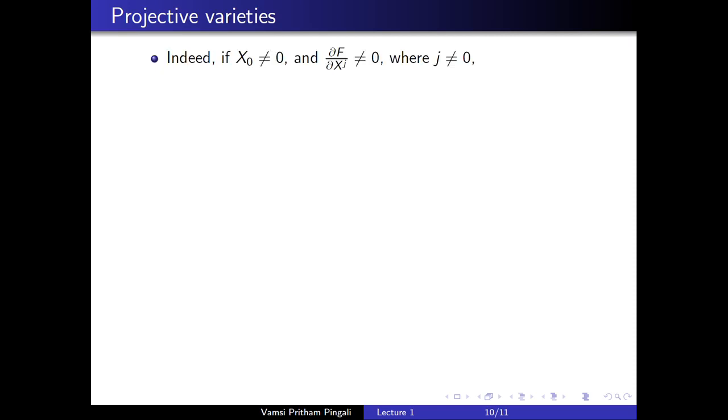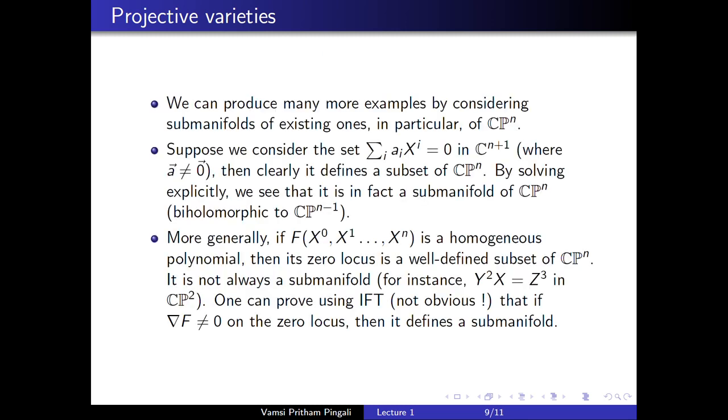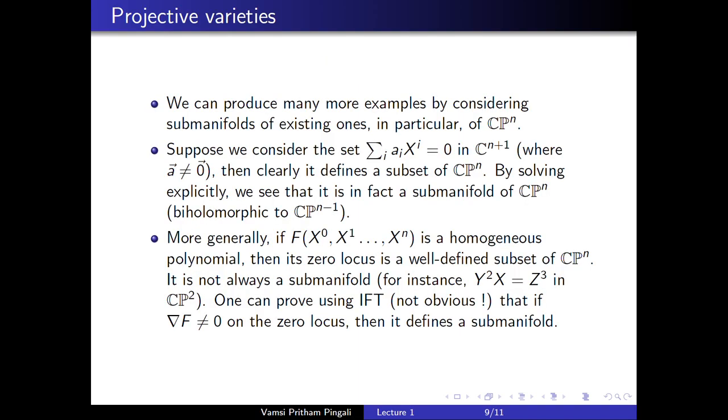So suppose you take our favorite coordinate chart where x0 is non-zero. Since we are assuming the gradient is not zero, df/dxj is non-zero for some j. For now, assume j is not zero. That is, df/dx1 is not zero, for example.